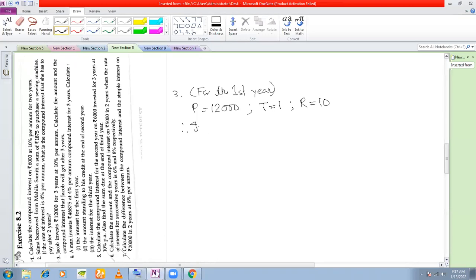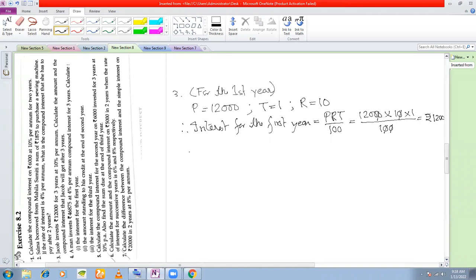So therefore, interest for the first year is PRT by 100, 12,000 into 10 into 1 by 100, which cancels. So you get how much? 1,200 rupees as interest for the first year.